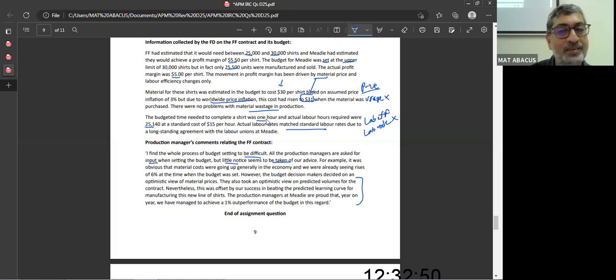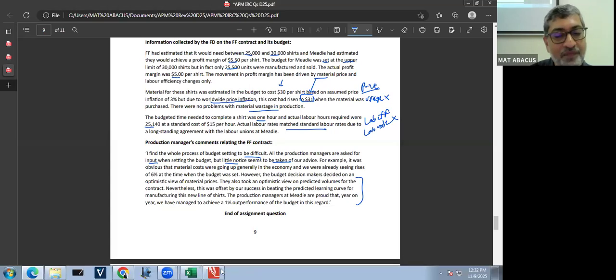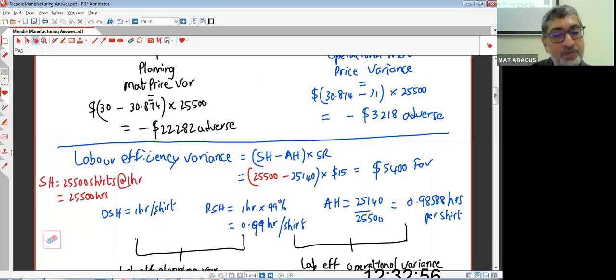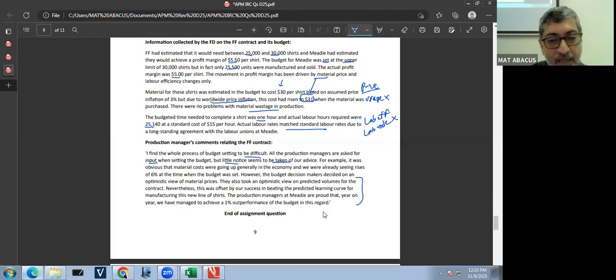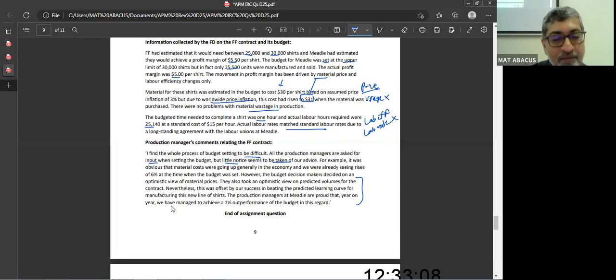And they did not include it. So therefore, they should not have planned for 1 hour. They should have planned for 0.99 hours, 1% faster. Because the managers themselves said that in the past, every year, we have been able to achieve a 1% outperformance of the budget.